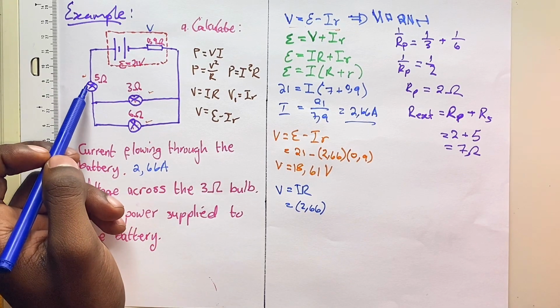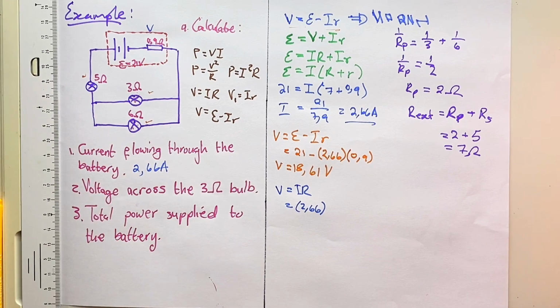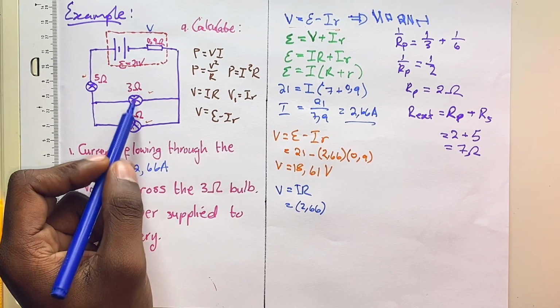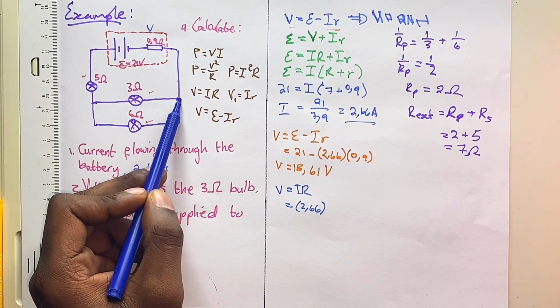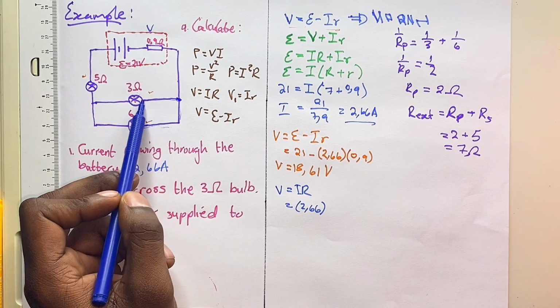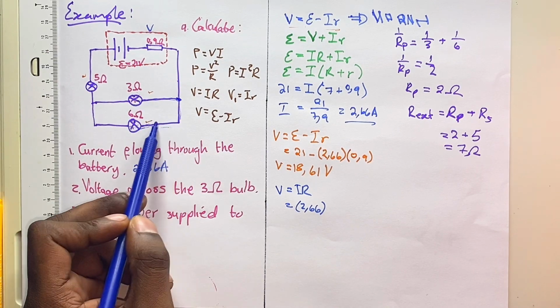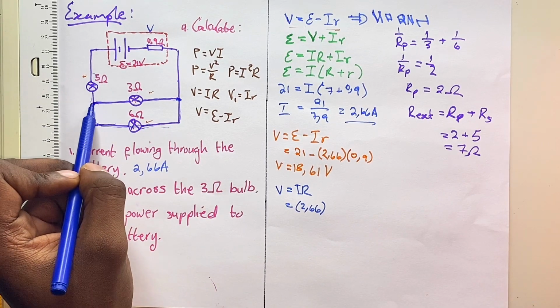Remember that the current is divided when the components are parallel. So the current will come here and be divided into the 6 ohm and the 3 ohm. Some will pass here, some will pass here, and then they will keep going until they meet again here.